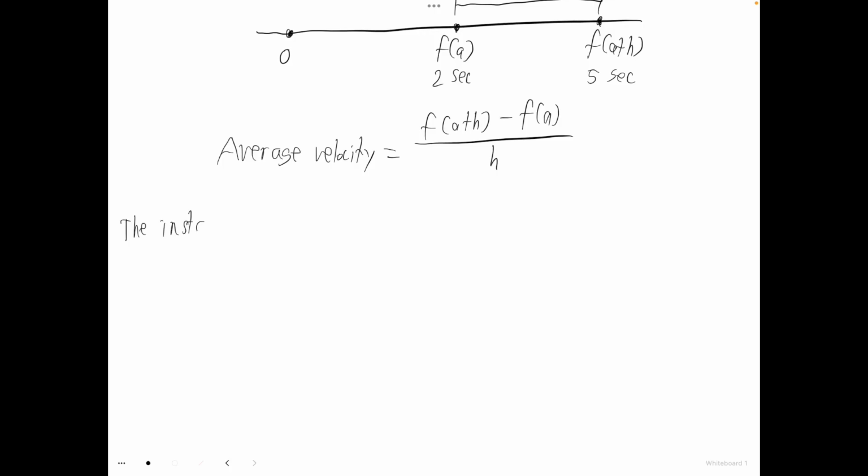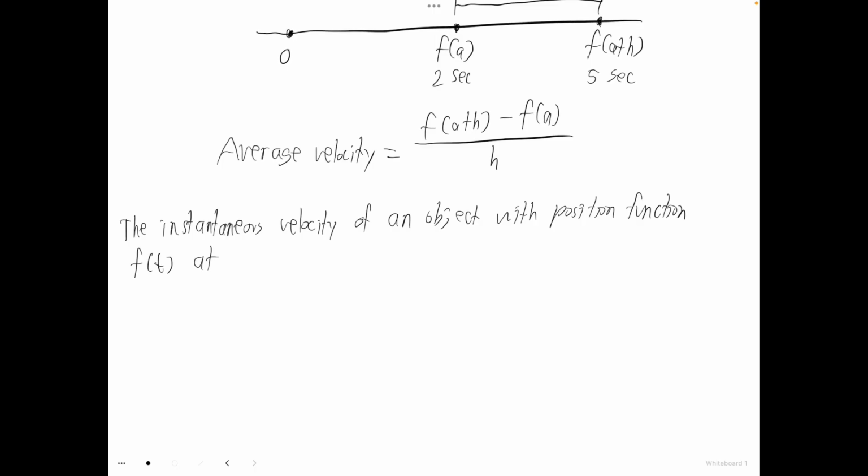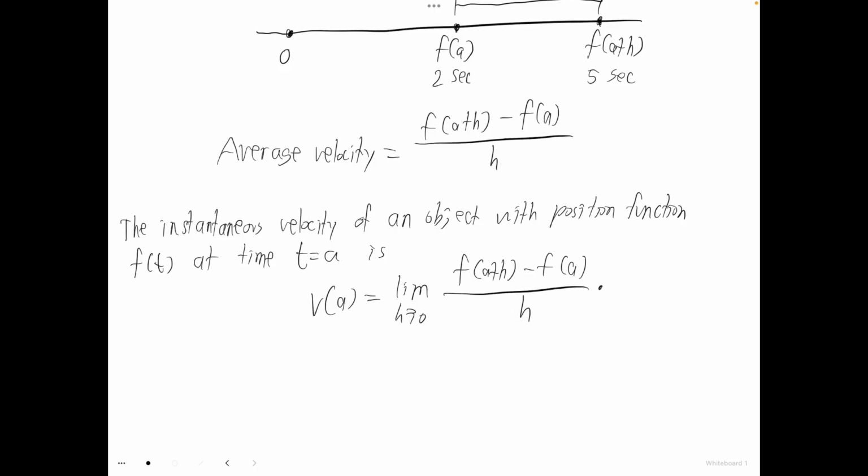The instantaneous velocity of an object with position function f of t at time t equals a is given by v of a, which is the limit as h goes to 0 of f of a plus h minus f of a divided by h. This is what's called the instantaneous velocity.